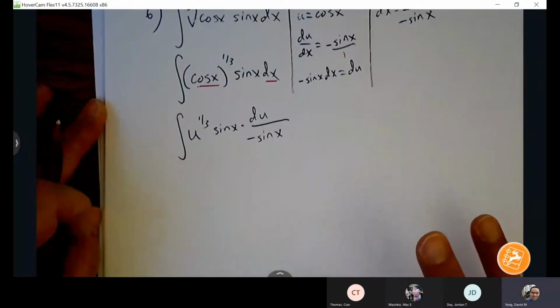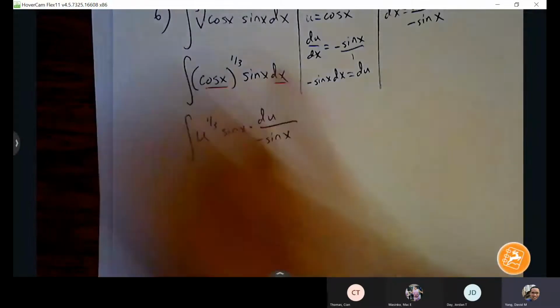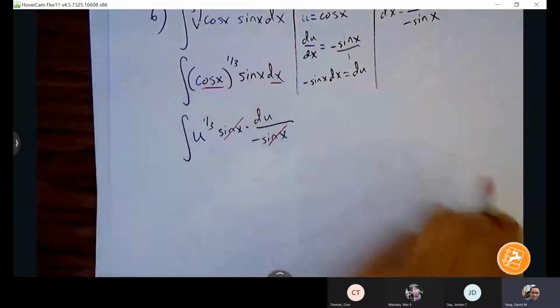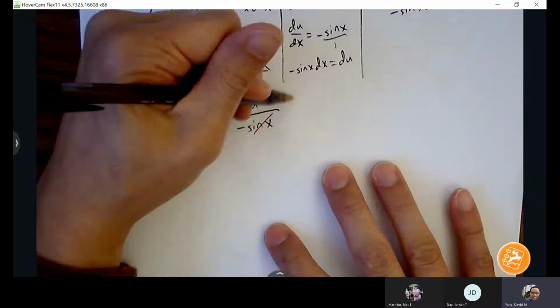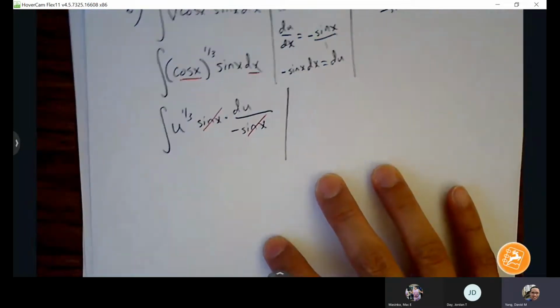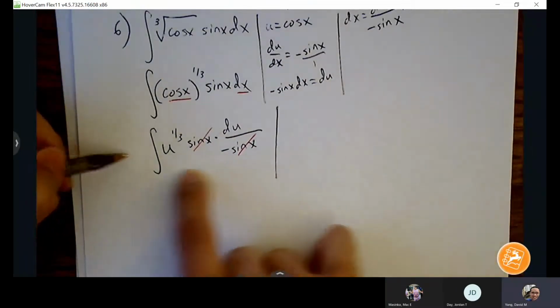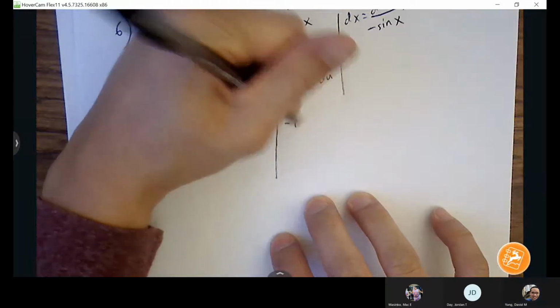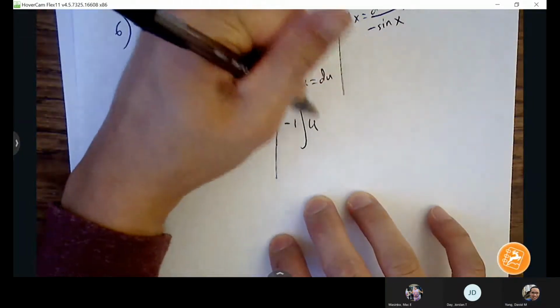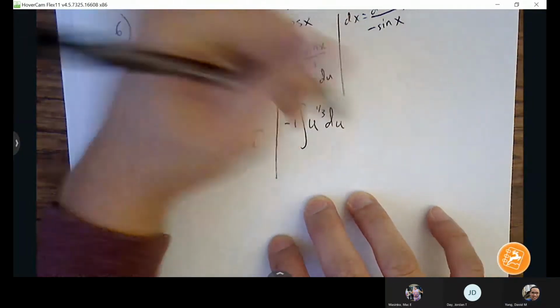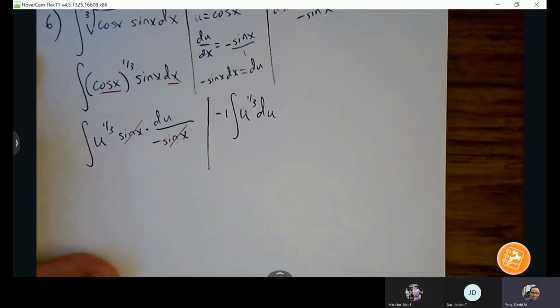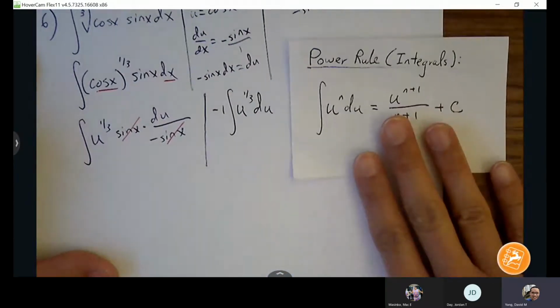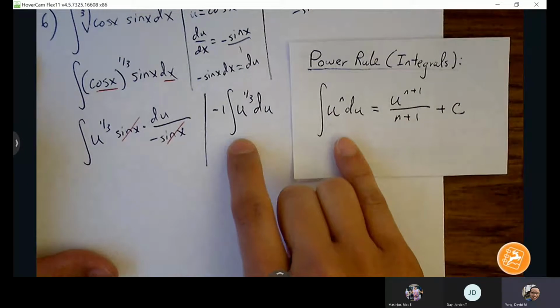All right, do the x's go away? Yes, so that's a good sign. There's a leading coefficient. There's a leftover what though? -1. Let's push that -1 outside. All right, so this is nice and clean. Power rule, right? Apply power rule here.